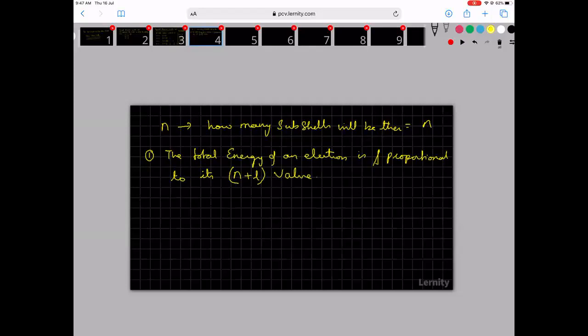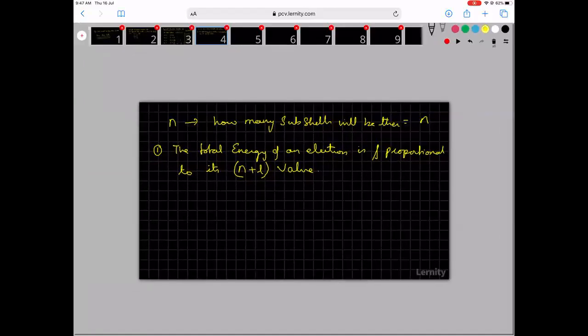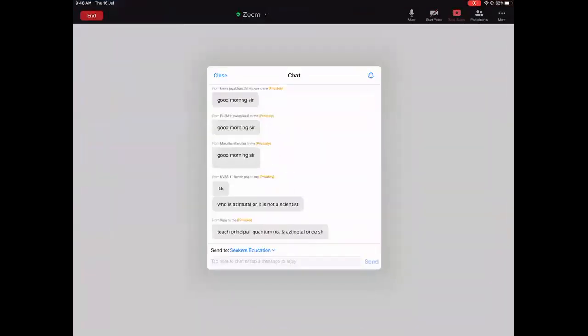Now quantum theory says no, it doesn't depend only upon N, it also depends upon its L value. So the total energy can be found out only from the N plus L rule, not just the N values. This is where we were yesterday.